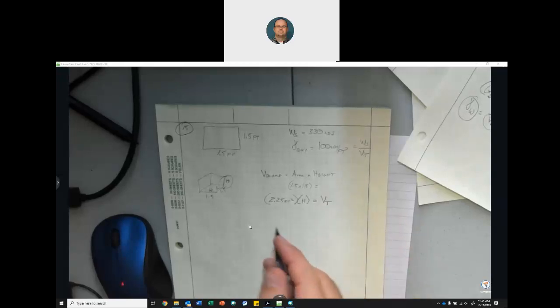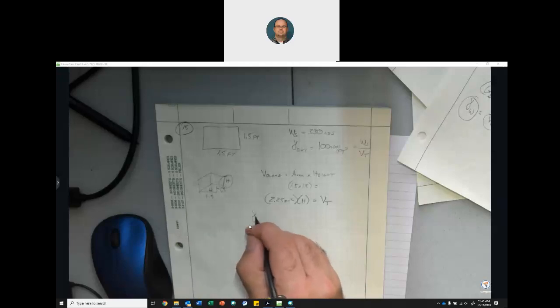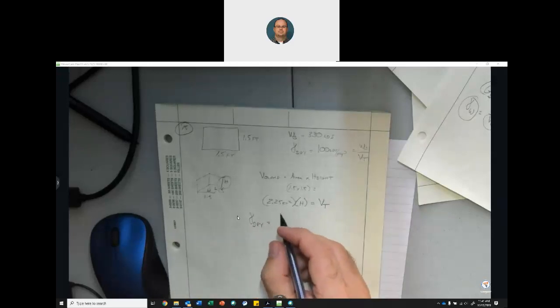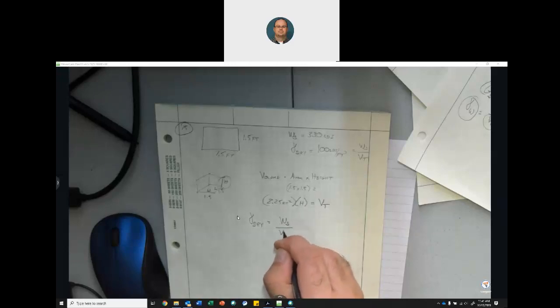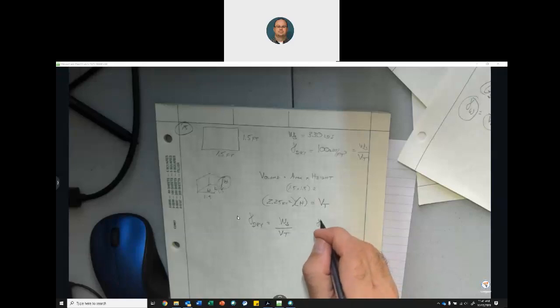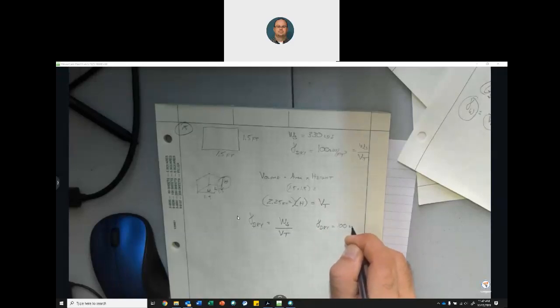So we know dry unit weight equals weight of solids divided by total volume. I know my dry unit weight equals 100 pounds per cubic foot.